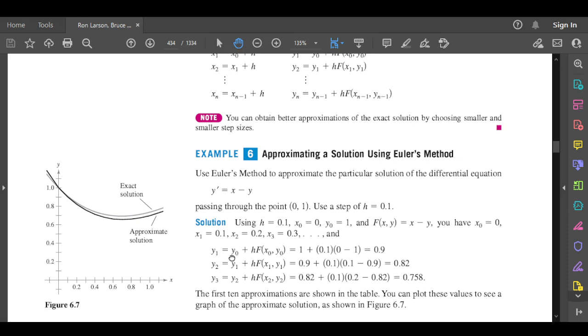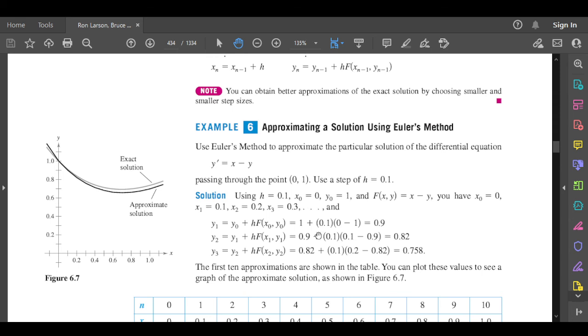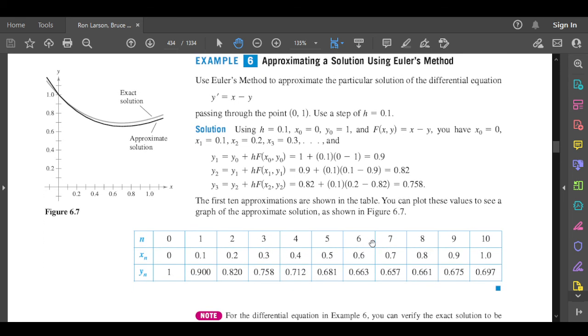Here we have the ordered pairs, in the table. This is our starting point, 0, 1. As we solved earlier, our next point is 0.1 and 0.9. Then our third point is at 0.2 and 0.82.